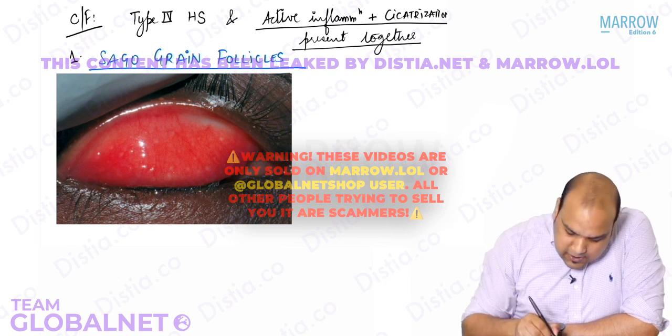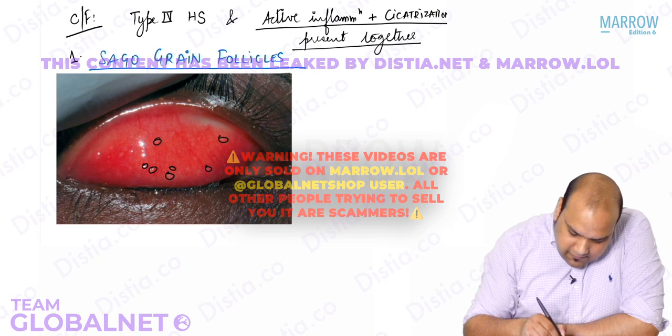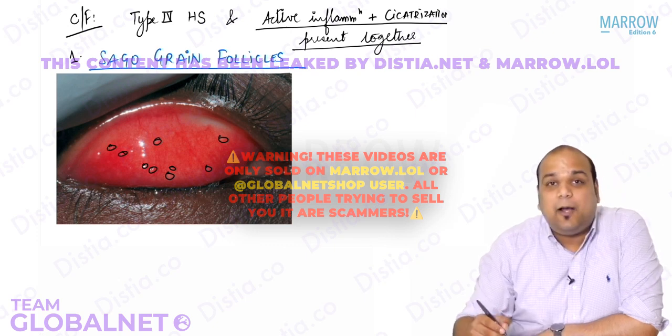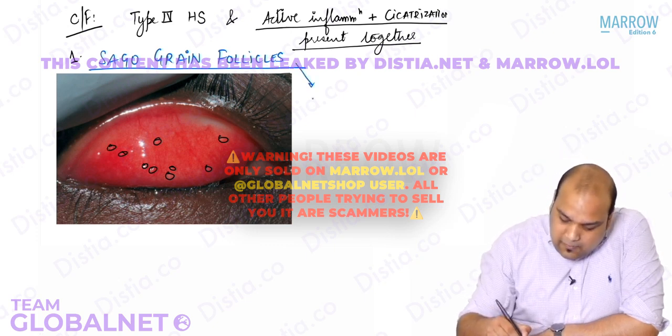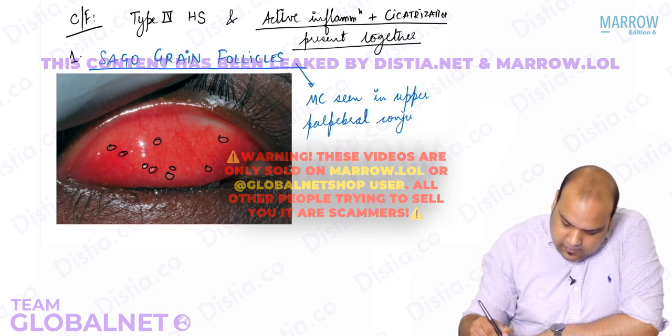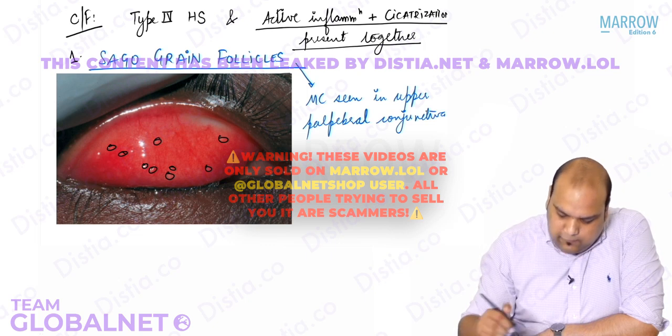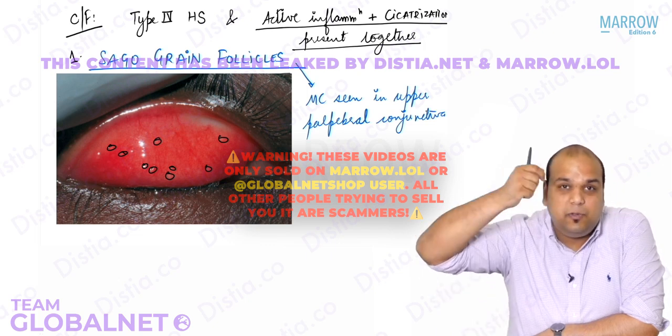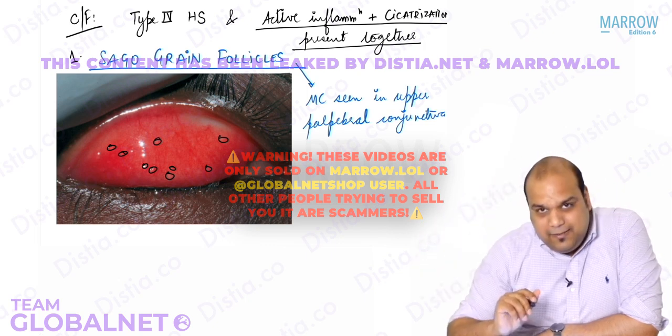You will see a lot of white colored follicles, which are very, very small, like sago grains. They are most commonly seen in the upper palpebral conjunctiva. As you can see in the photograph also, the upper conjunctiva has been shown by eversion of the upper eyelid. Yes?